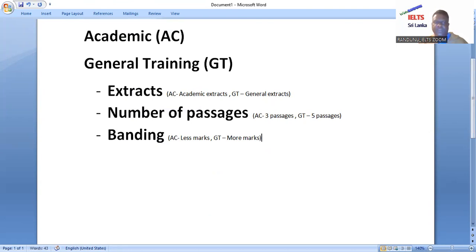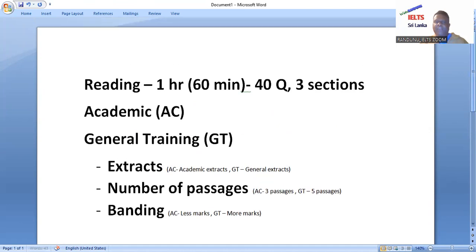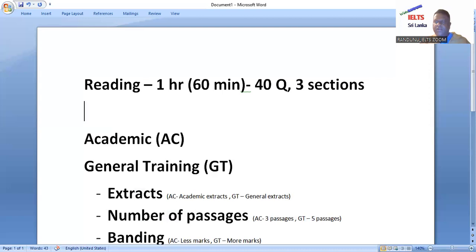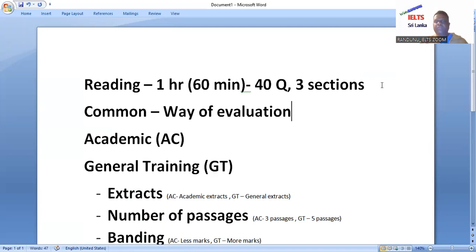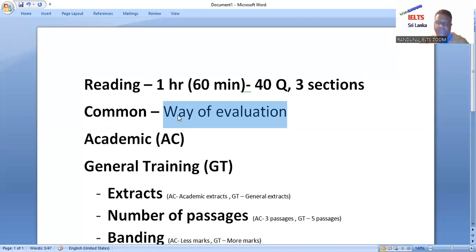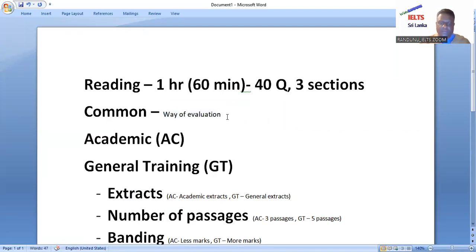General reading is easy compared to academic reading. But whether general reading or academic reading, the evaluation criteria, the way they evaluate, is common for both. The type of questions are the same. The structure has a small difference.